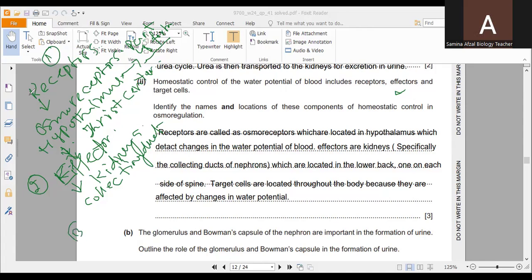And what is the third part? The third is the target cells. Any cell of the body can be a target cell, so they can be present throughout the body.